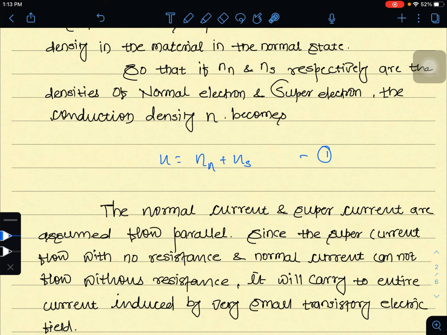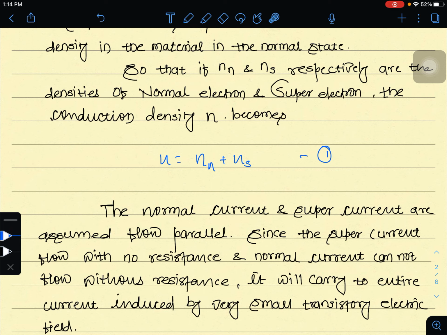The super current, which is possessed by the super electrons, flows with no resistance, and the normal current cannot flow without resistance. These are the important sentences. Super current flows with no resistance and normal current flows with resistance. That means normal electrons experience the resistance and super current does not experience the resistance.